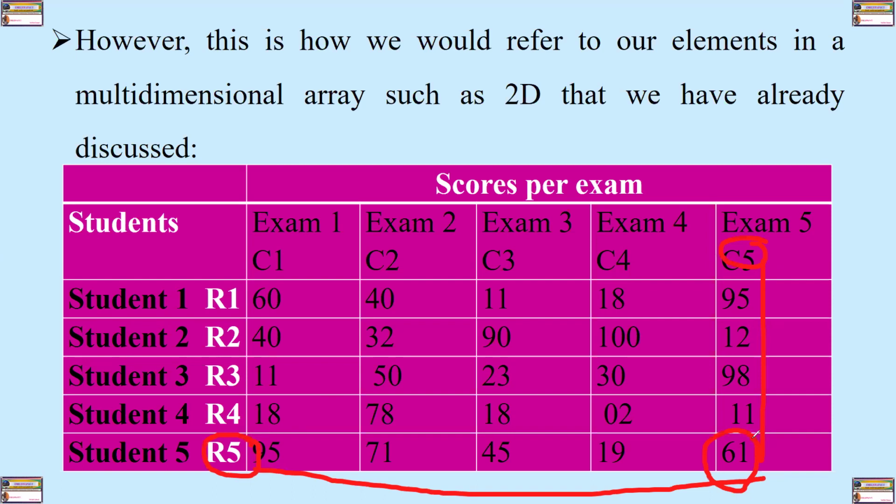So row 5, C5, we are referring to 61. What if we wanted to refer to this value here, 90? How would we refer to it? That would be row 2, column 3, row 2, column 3. And that's how we go about reading the elements.